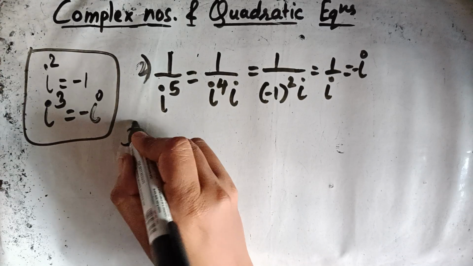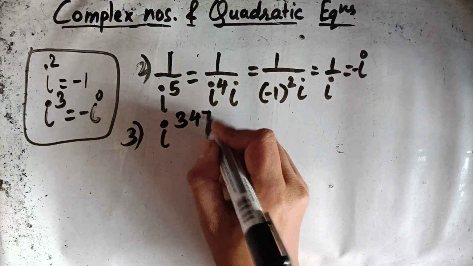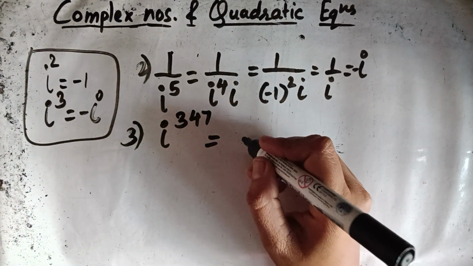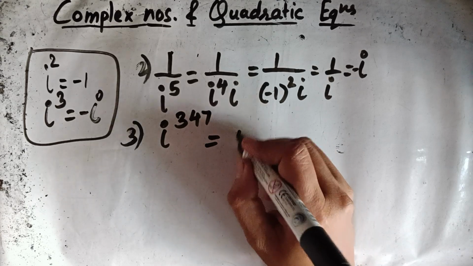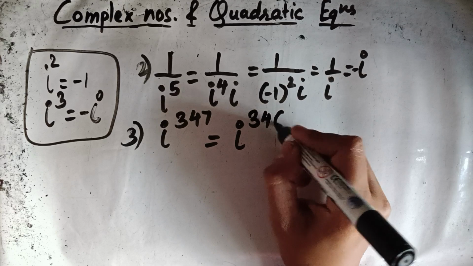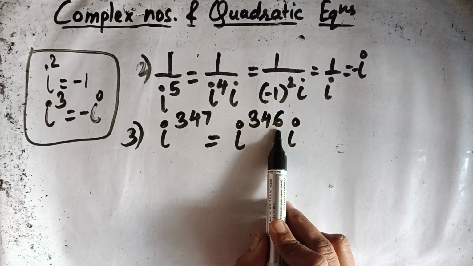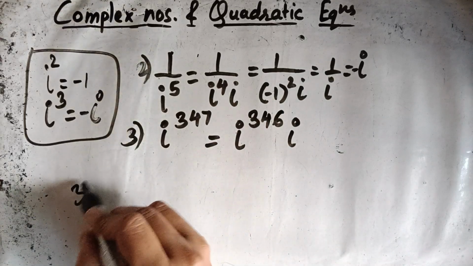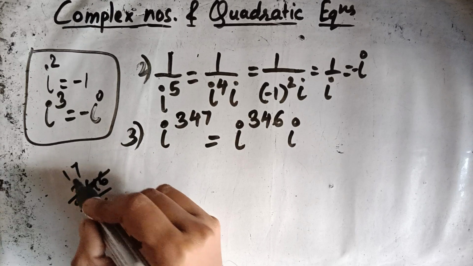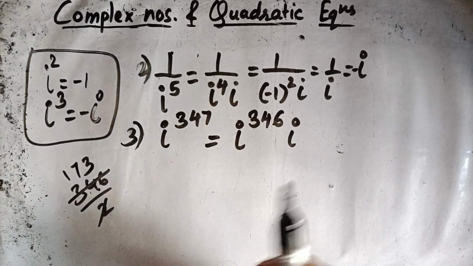Next, i raised to 347. Now you have to write this as i raised to 346 plus 1. 346 you have to divide by 2, so this is 173.